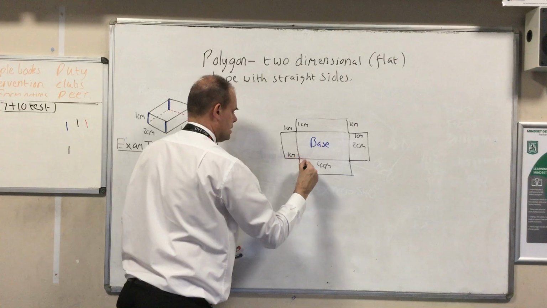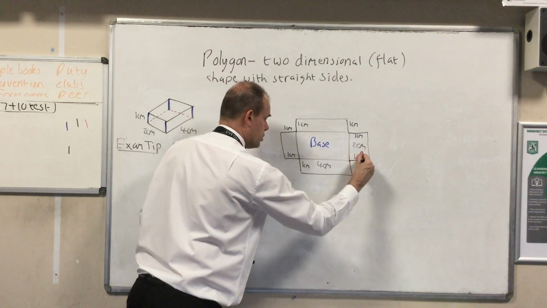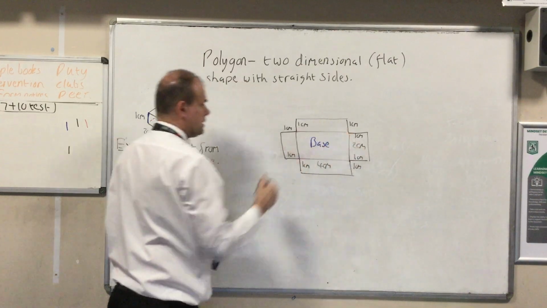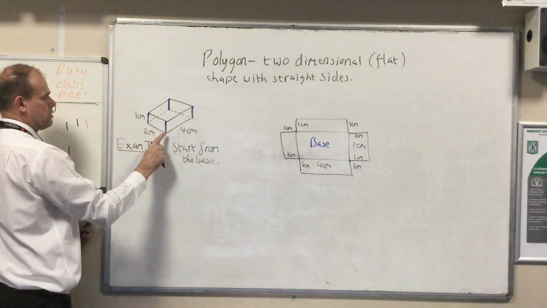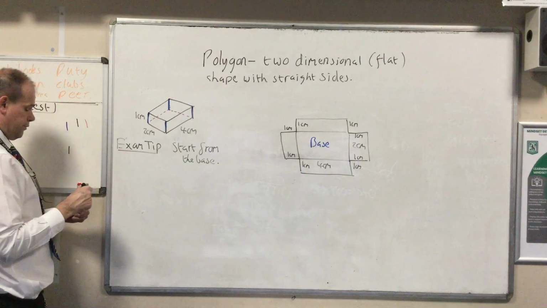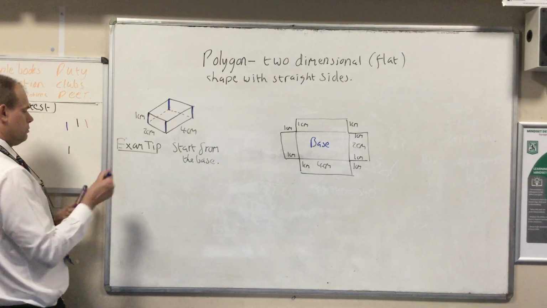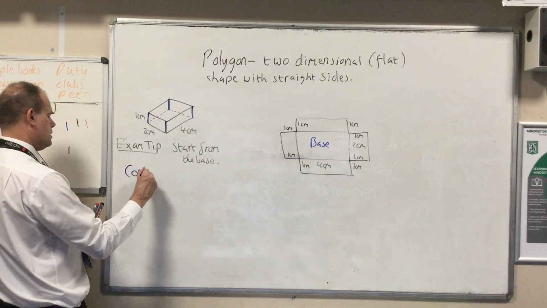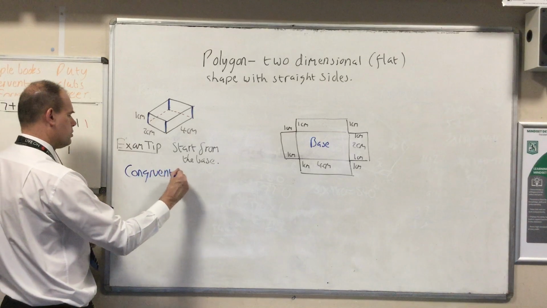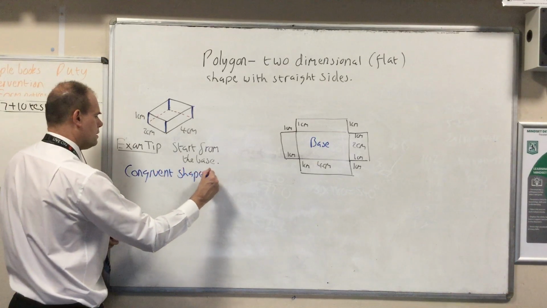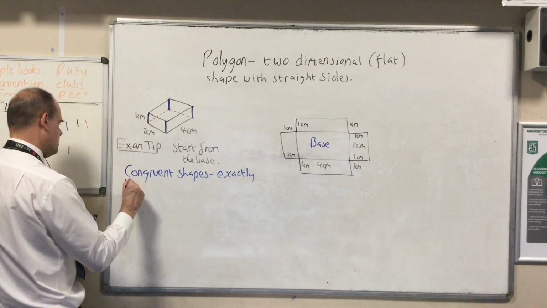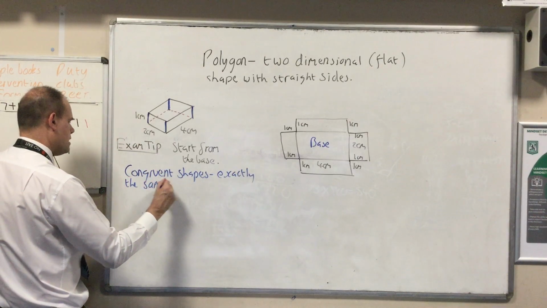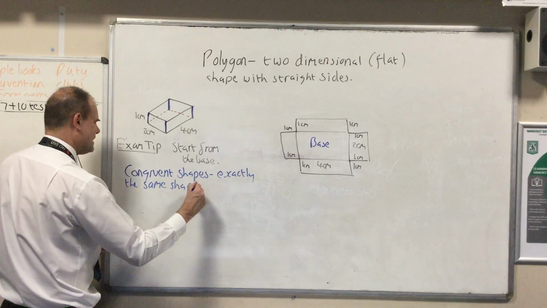Now the bit missing, unless they tell you, if it hasn't got a top, then that will be the net. But it has got a top. Now the top here is identical, and a word in maths, I'll throw that in for you actually. This is not in the exam, on the test, but if you've ever heard the word congruent, congruent shapes are exactly the same shape and size.